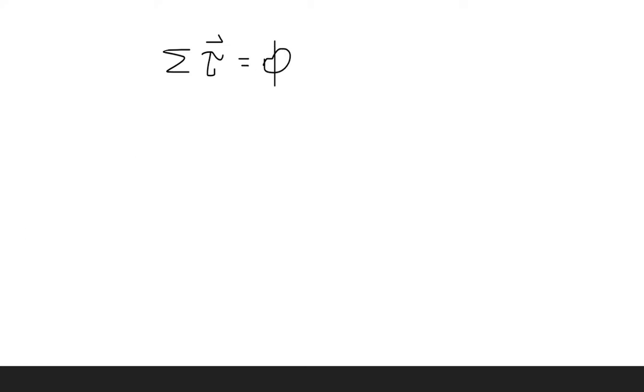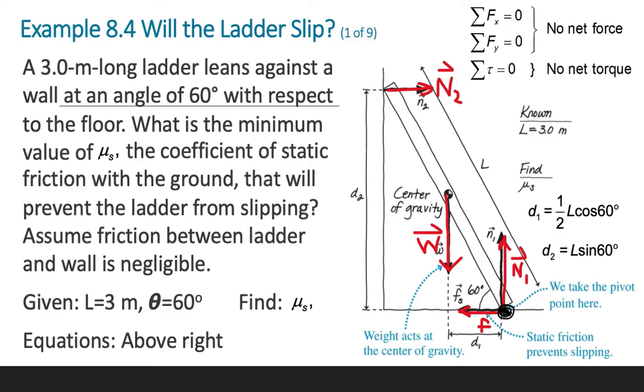We're going to choose the point that's the hinge point at the bottom, the ladder and the floor. The first force we have is this weight force. We want weight, the force, and radius to be 90 degrees to one another. So we already have weight, so we would like to find this distance D1.